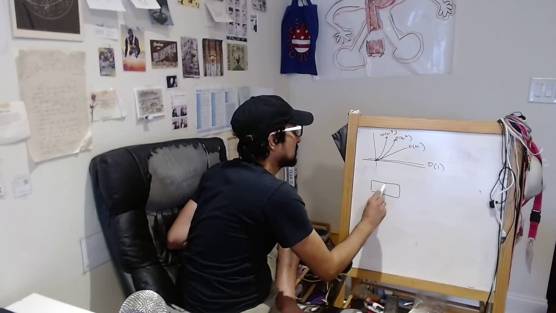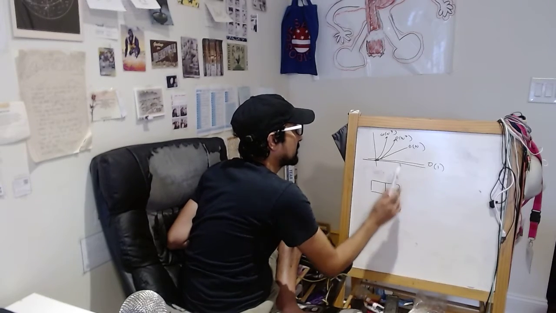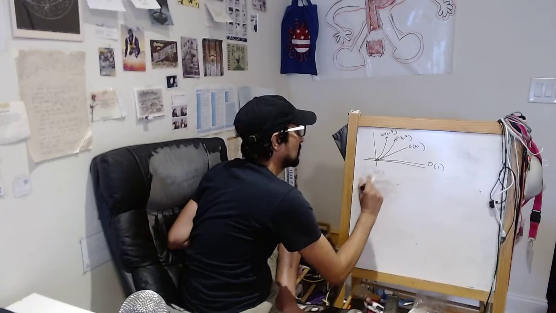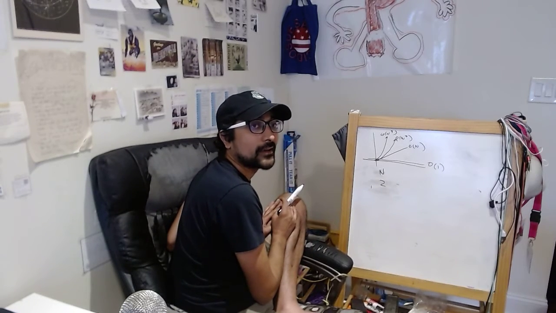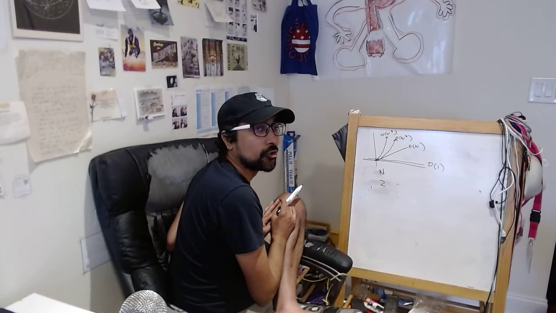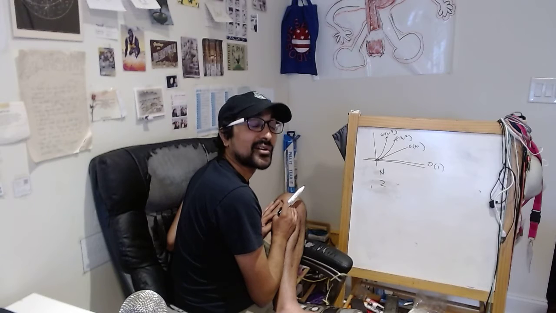So let's do a little experiment. When n is 2, you're saying pick a number between 1 and 2, including 1 and 2. So it's a search space of 2, right?